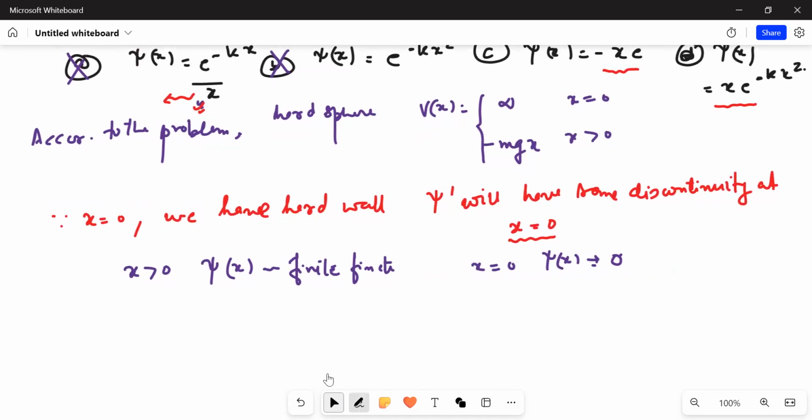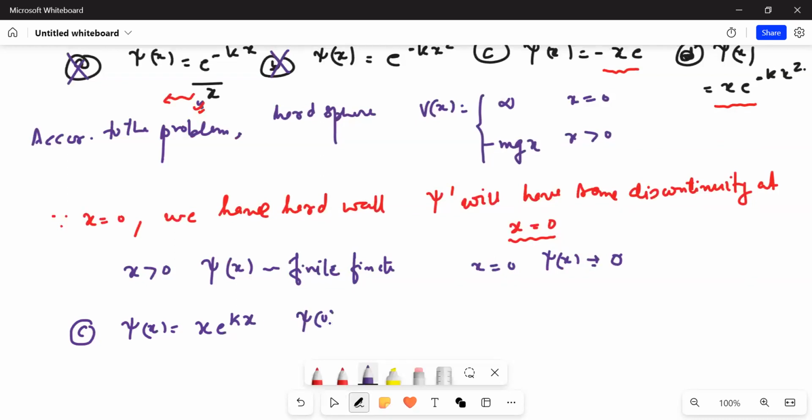Now let us think about option number C. What does option number C say to us? It is equal to x into e to power kx.